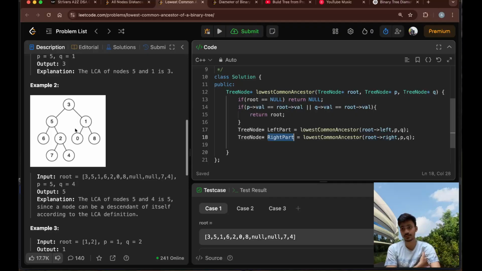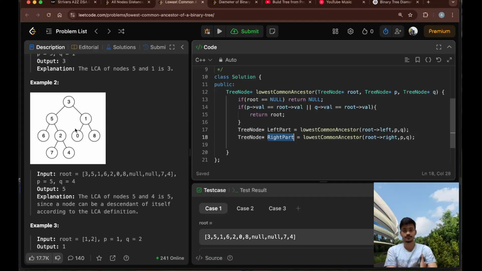Can be possible. One is null, another is not. Then what do you have to do? Then you have to just let go the null part, and you have to see only what the left or right part depends.